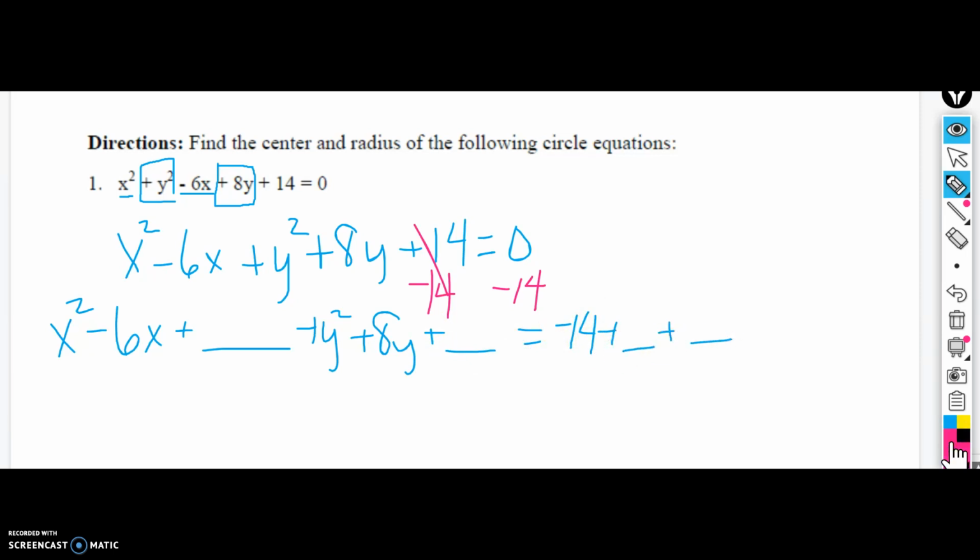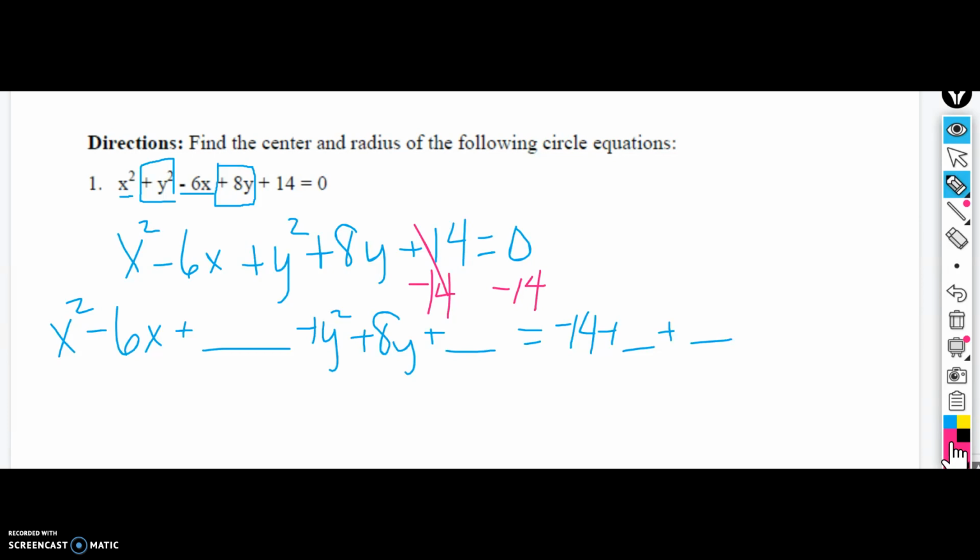Now, that's a lot of blanks, but you remember from completing the square that that's kind of how it starts to look. Now, I like to do this next step in one big step instead of two separate ones, and it depends on who your teacher was last year and whether or not they did this in one big step or two separate steps. I'll show you it both ways, but I'm going to show you the way that I like to do it first, because I think it saves you a little bit of time.